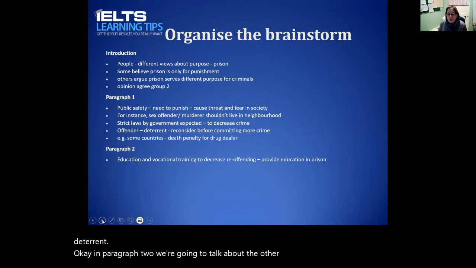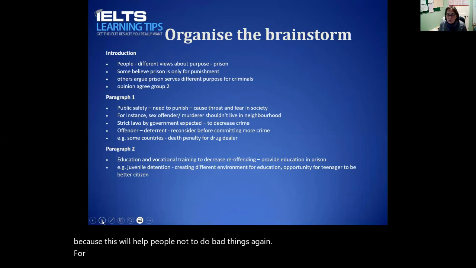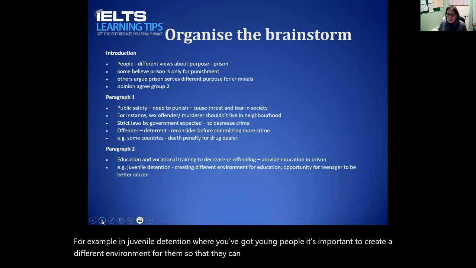So they believe in education because this will help people not to do bad things again. For example, in juvenile detention, where you've got young people, it's important to create a different environment for them so that they can become a better citizen. There's a big opportunity for that.